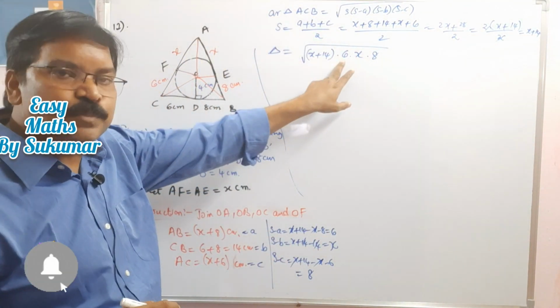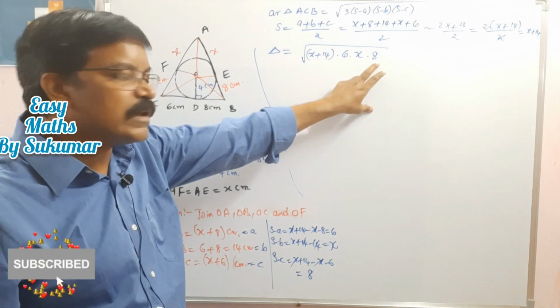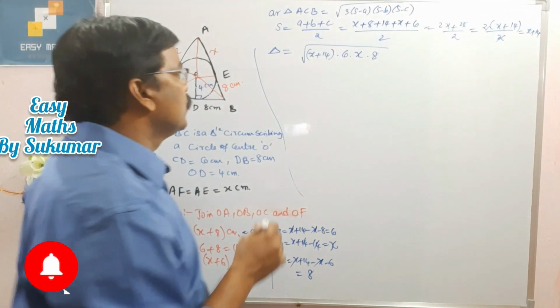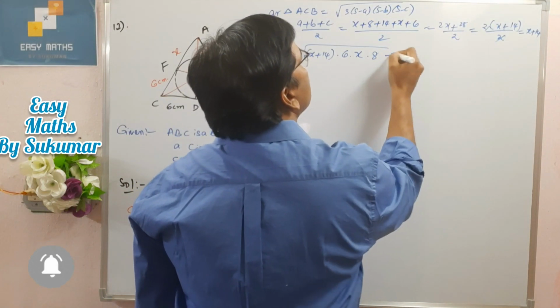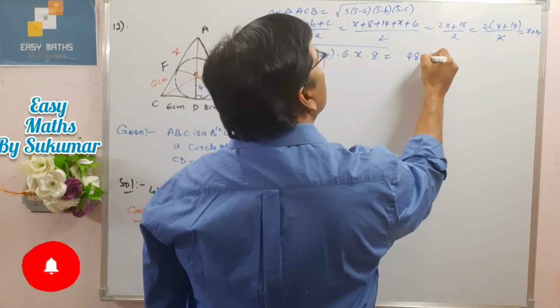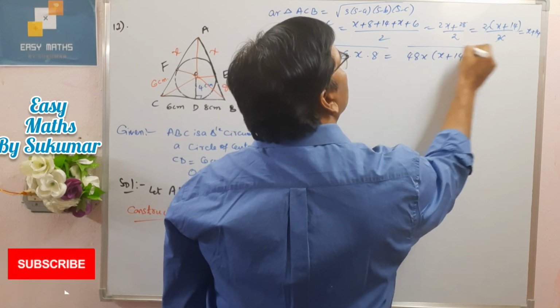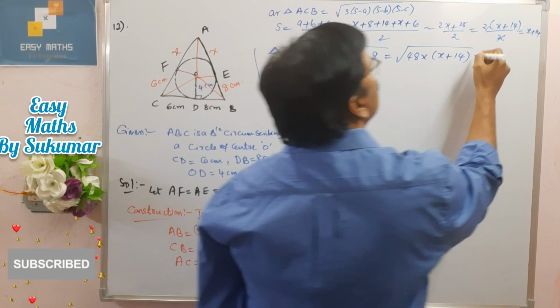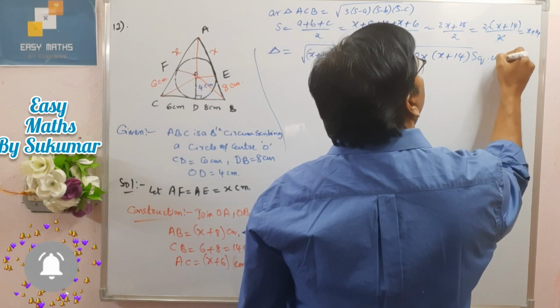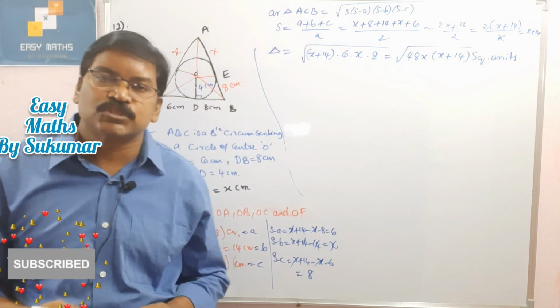This is square units. So it is equal to 6 8s are 48x times x plus 14. That is root of 48x times x plus 14 square units.